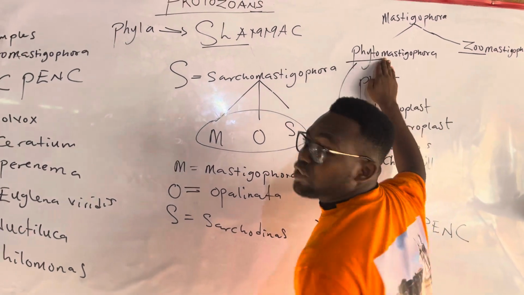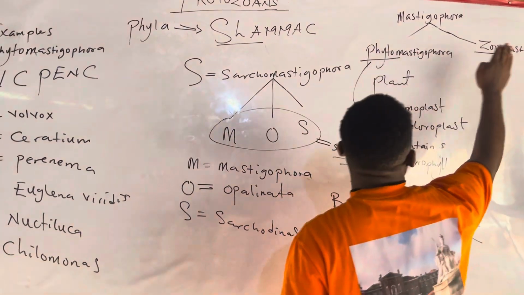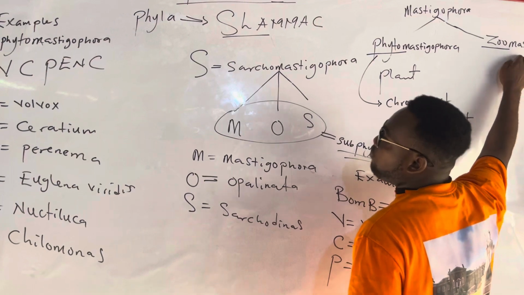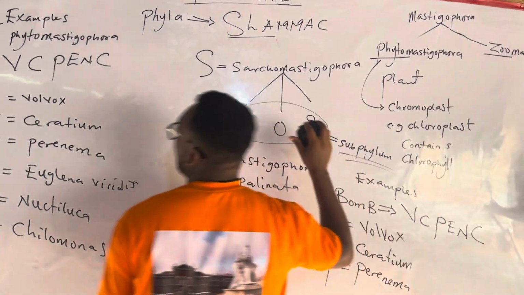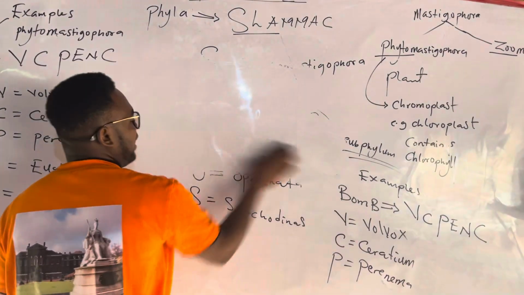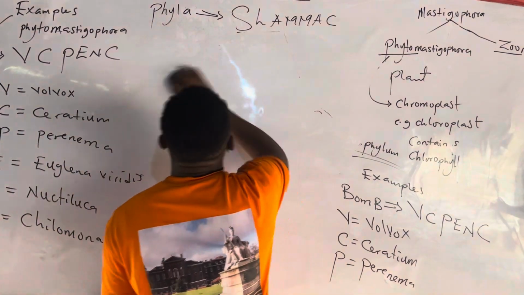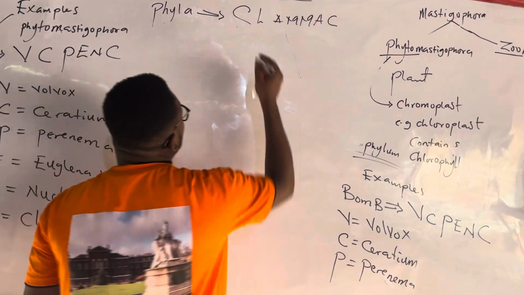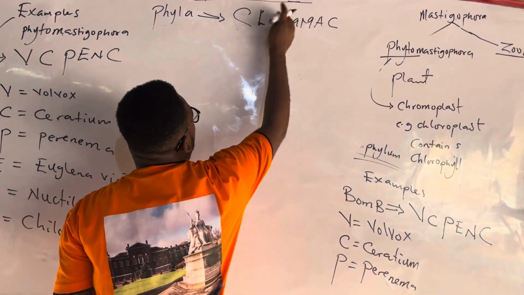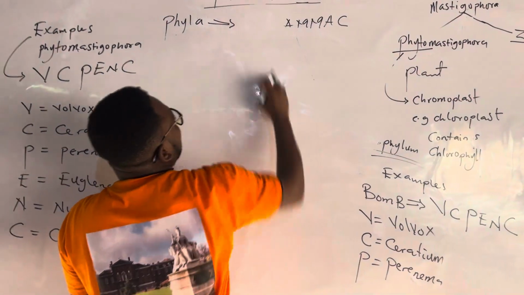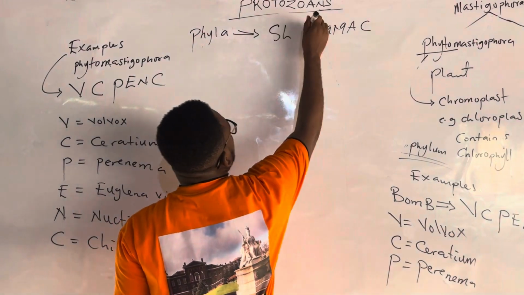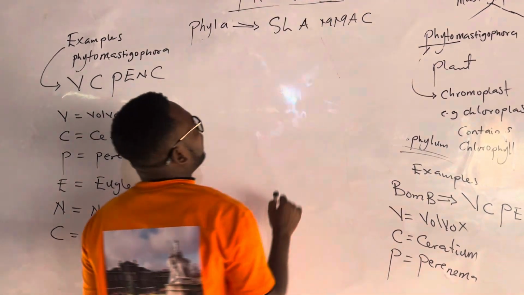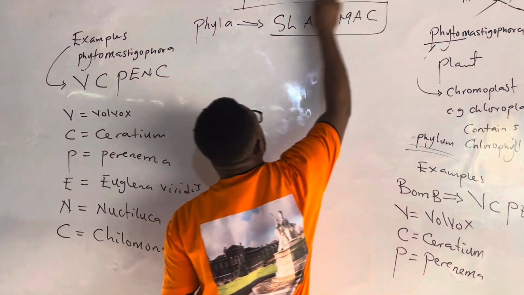I've given you examples of Phytomastigophora. Up next, I'm going to give you examples of what now? Zoomastigophora. So permit me to wipe this board here now and continue from where I stopped. I will not wipe this because this is what I'm following as my guide. I'm following Slammer as my acronym.